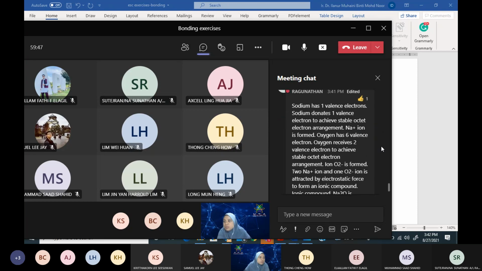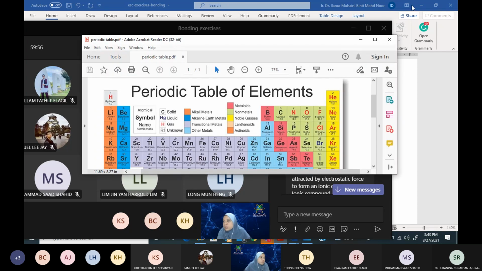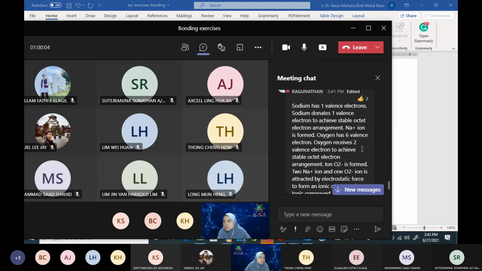Oxygen has 6 valence electrons. Because oxygen in the periodic table is number 8, so it becomes 2, 6. So 6 valence electrons, correct.